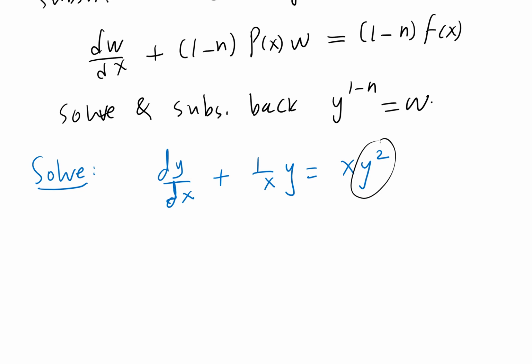So that is a Bernoulli differential equation. And why is it Bernoulli? Because it's written in the form dy/dx plus p of x y. So this is our p of x, and this is our f of x, and this is y to the n. So in this case, n is 2.